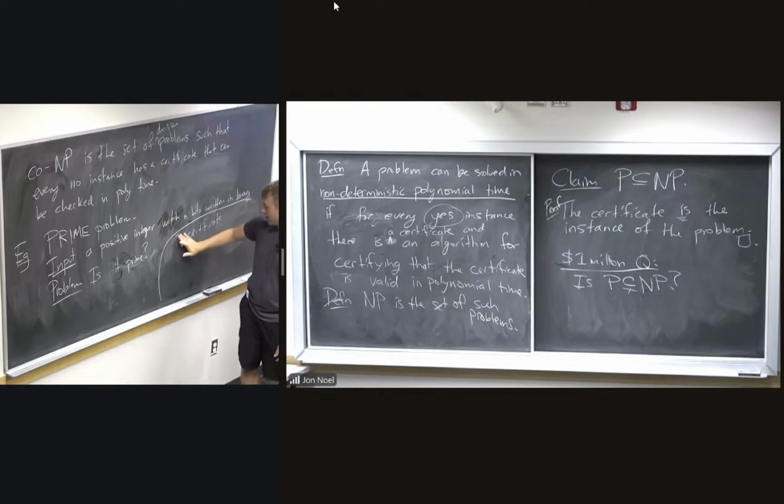So I'll just say a certificate for no is a factor. You could say a prime factor, or just anything that divides that number other than it and 1, right?